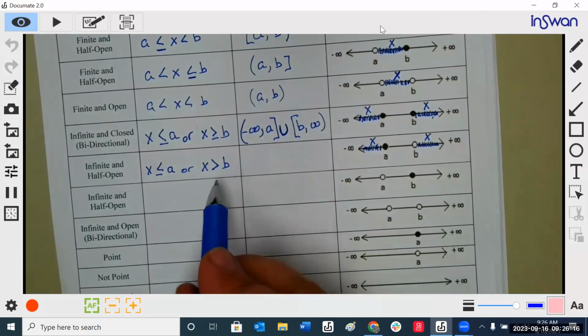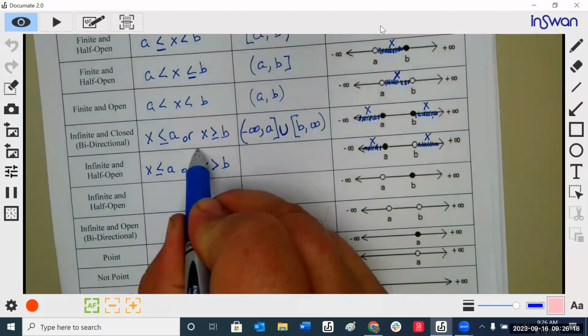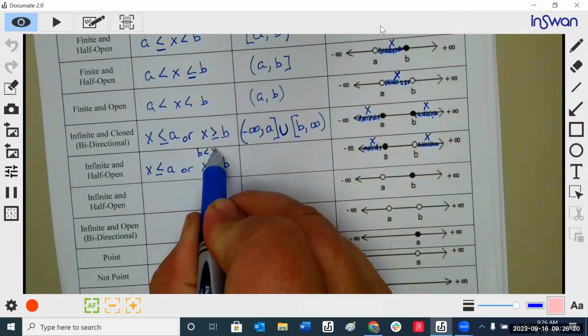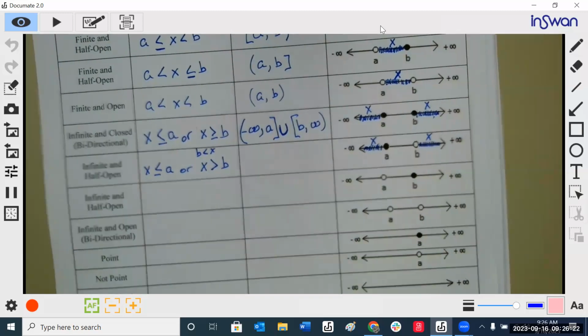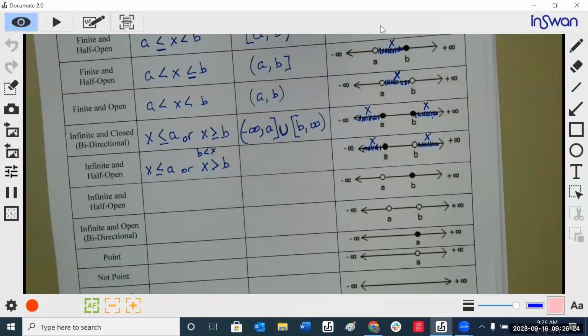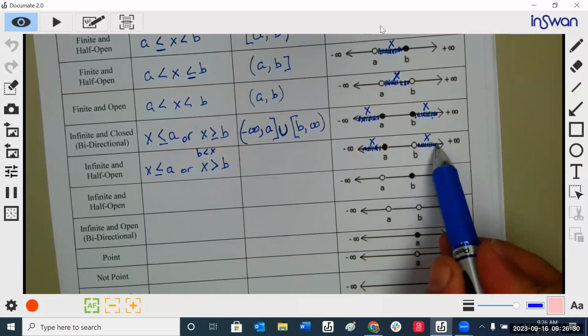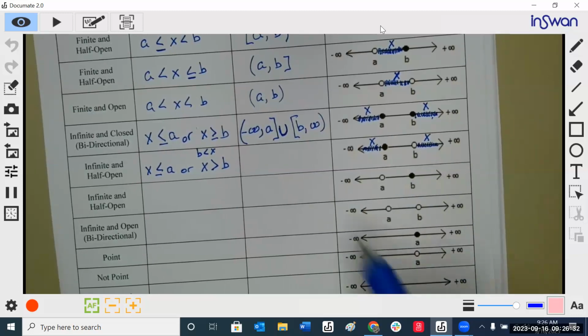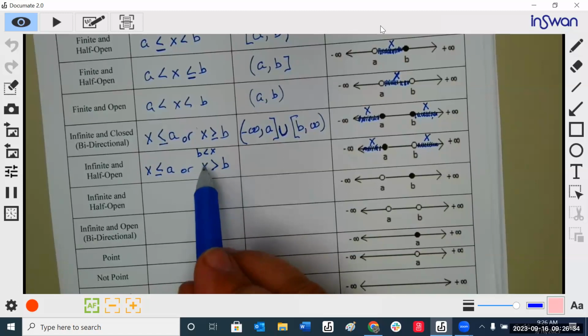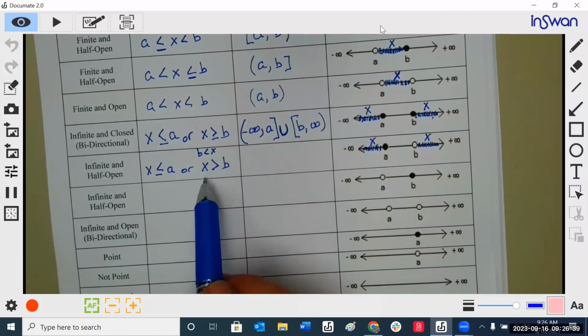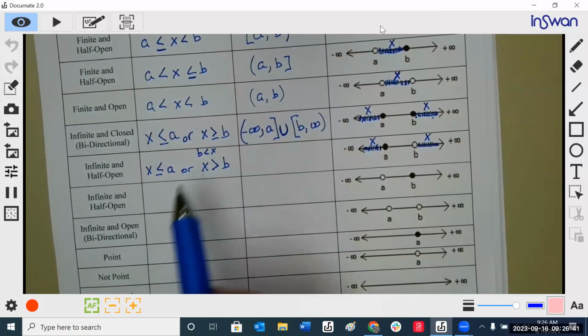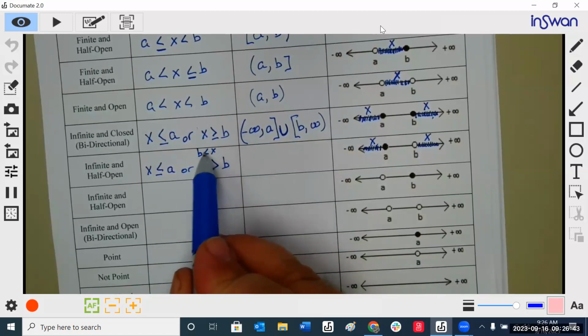Would it be wrong if I wrote B is less than X? Because that's what I'm reading. Isn't B less than X? These are both the same thing. But I'll show you why this way is preferred. I'm not going to count it wrong if you give it to me this way.